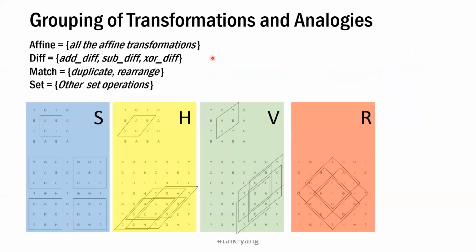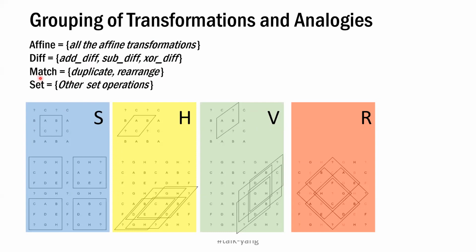Besides comparing strategies, we further studied the influence of transformations and analogies. We first group our transformations into 4 groups. The first group is the affine transformation. The second group, the diff group, includes all the transformations that manipulate the difference between images.